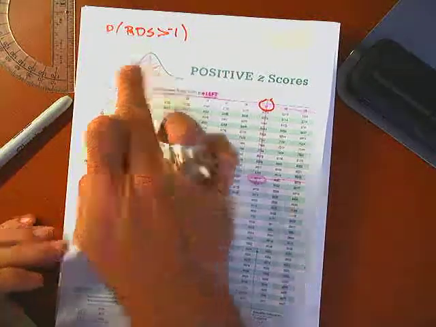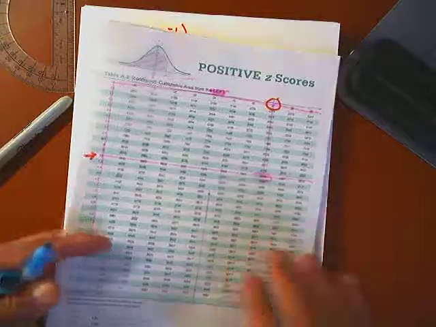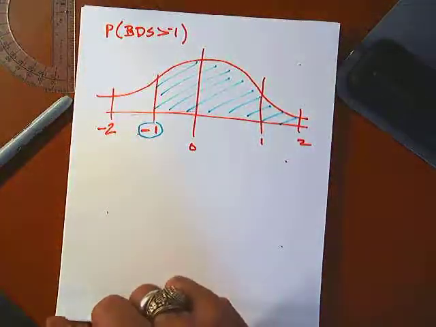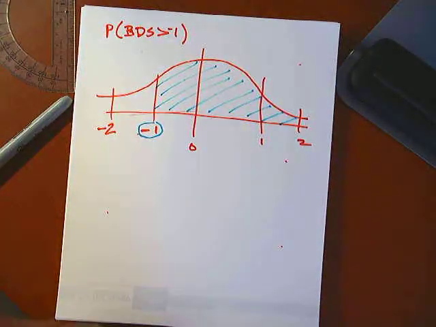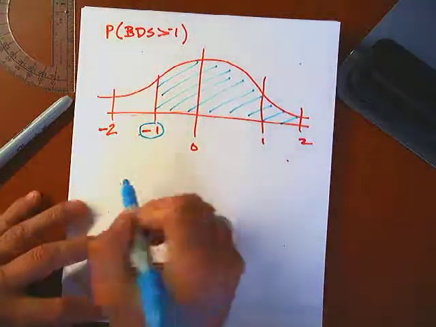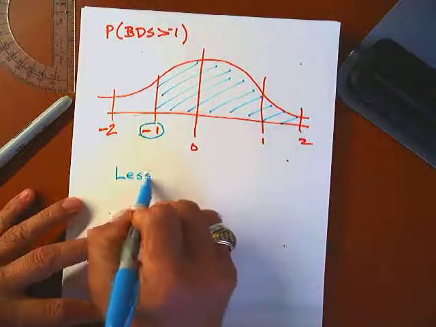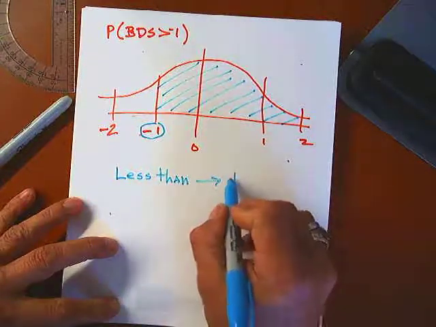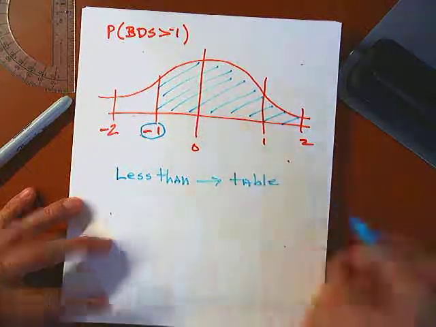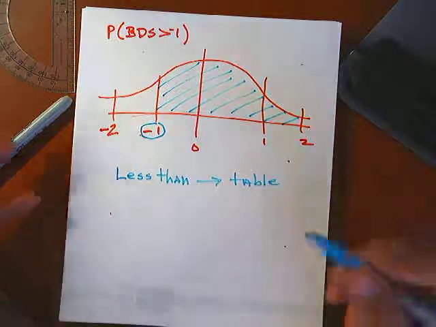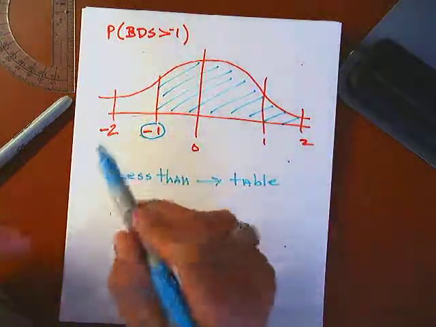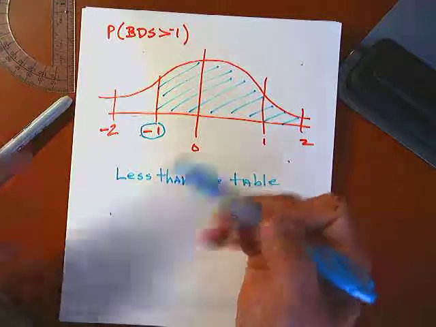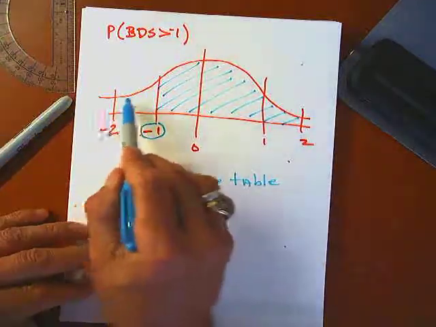So where is -1, Hubert? Well, -1 is right here. Well, that's simple. Yes, but the catch is they're asking you for greater than. Well, wait a minute, Hubert. You said that the handy-dandy table gives us the area to the left. Yes, and I also told you that if you ever want to find the right, it's the complement.